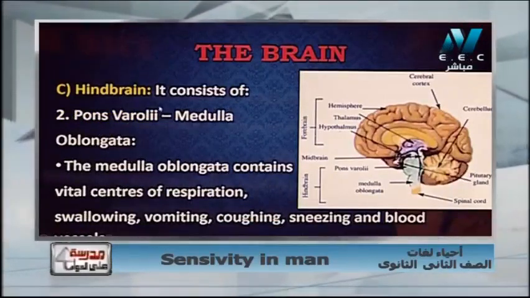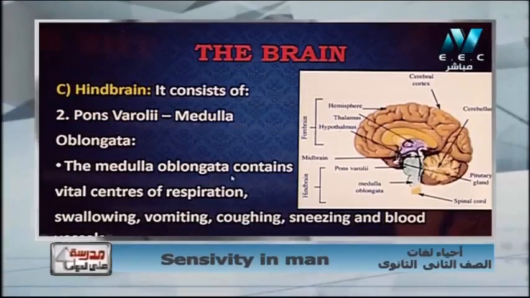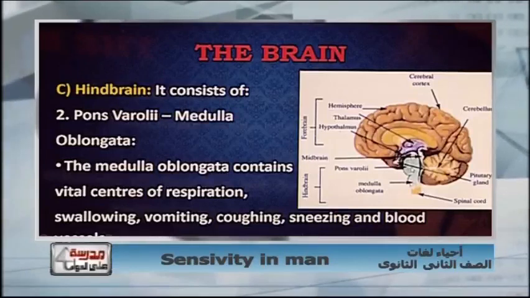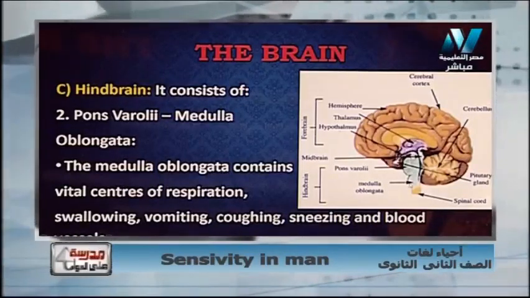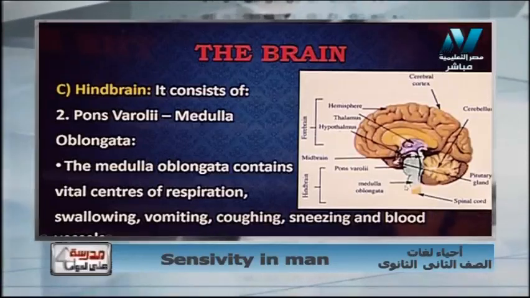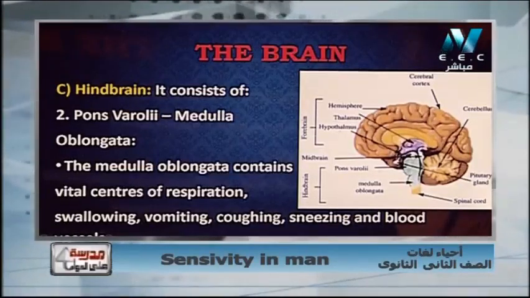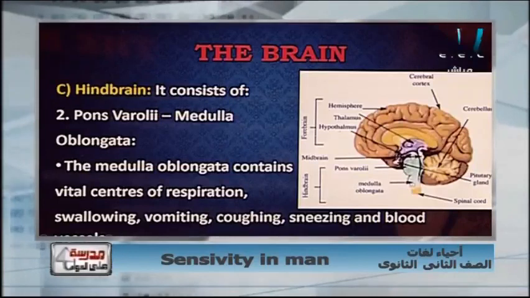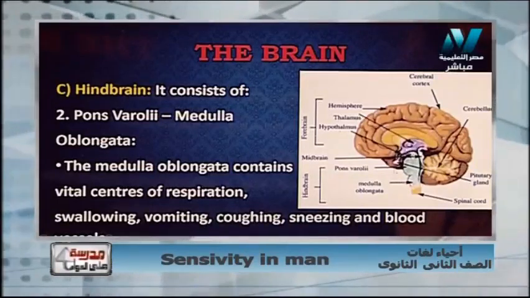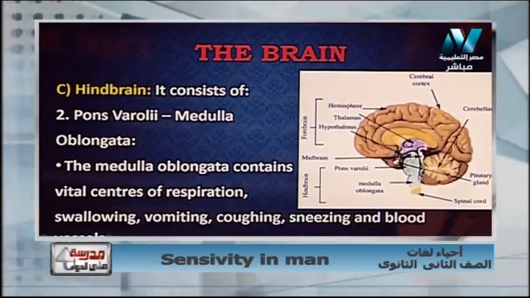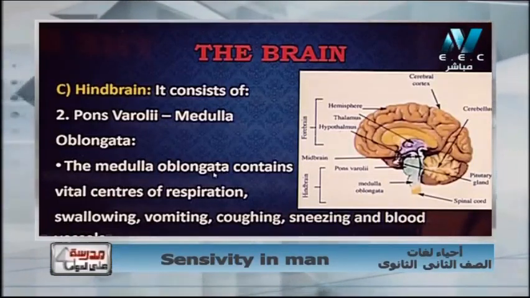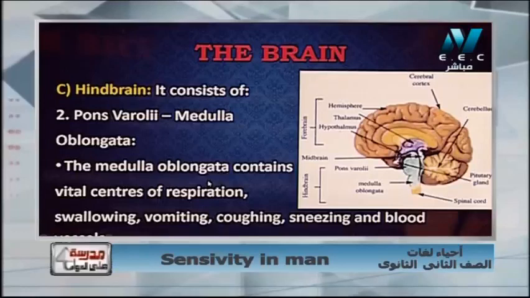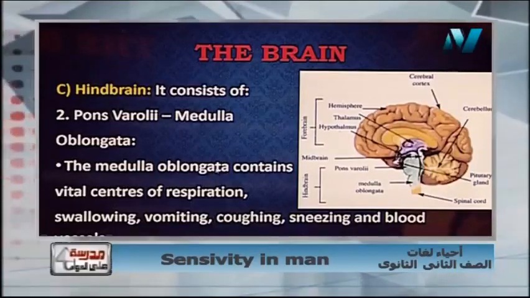The hindbrain also consists of the pons varolii and the medulla oblongata, colored in light blue. This is the pons varolii and this is the medulla oblongata. They are responsible for the transmission of impulses coming from the spinal cord to the brain and vice versa.